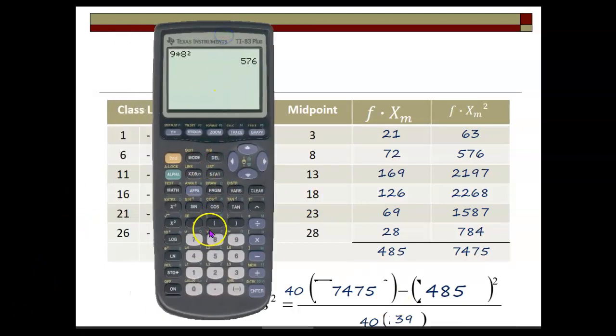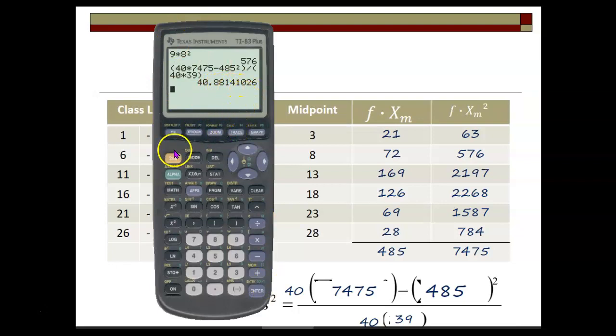So this is parenthesis 40 times 7475 minus 485 squared, close parentheses. So there's the numerator, divided by parenthesis 40 times 39, close parentheses. And that came out to be 40.8814 and so on.